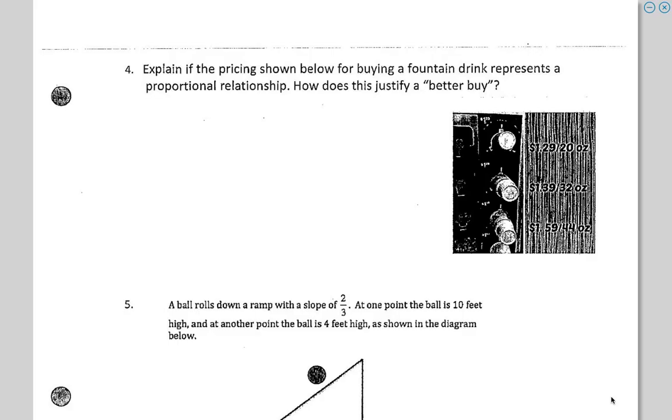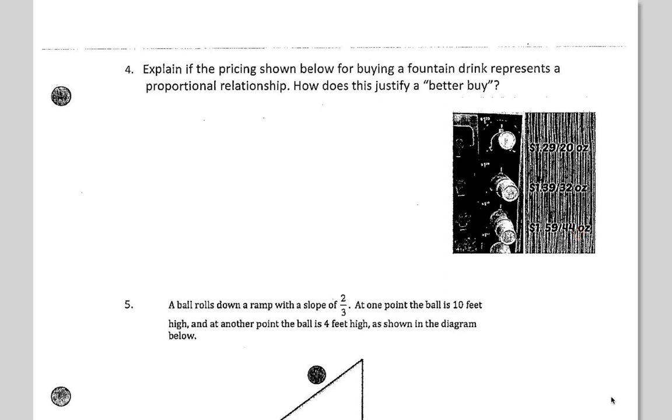Number four, we're looking at a real world situation here. So basically, we have a price for 20 ounces, a price for 32 ounces, and a price for 44 ounces. As the ounces increase, the amount of money does not increase in a linear way, because as you buy more, it gets cheaper per ounce.